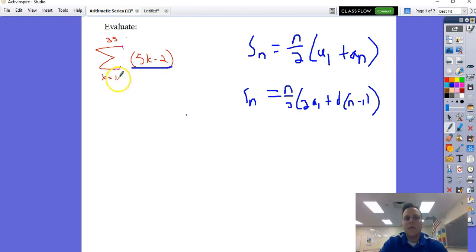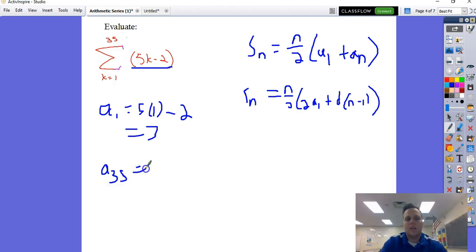Because we know the first term, you just plug in 1 for k. So a sub 1 is just equal to 5 times 1 minus 2, which is 5 minus 2, which is 3. Boom, there's your first term. Then I can find the 35th term. I already have the explicit formula, it's already given to me: 5k minus 2.